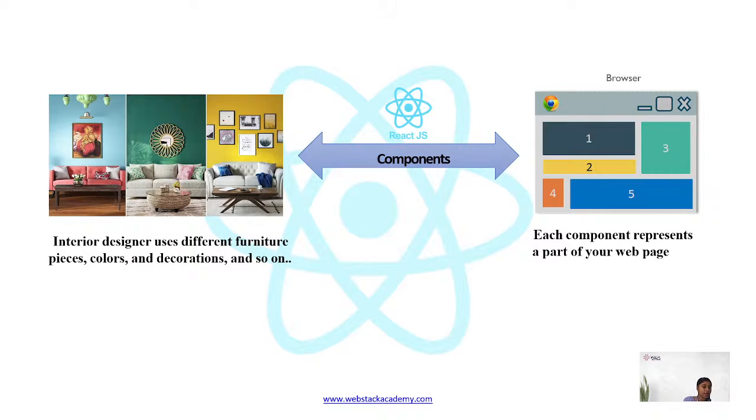Yes, Sidhu, it's correct. We can make components reusable also. For example, suppose in a web application you have one button component. Now that button component you can add anywhere in your application. Suppose in one page you have a button, in a third page also you have the same button, right?